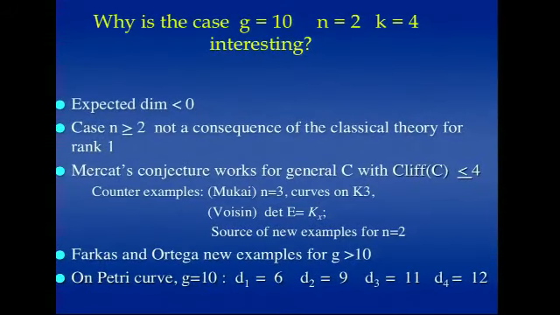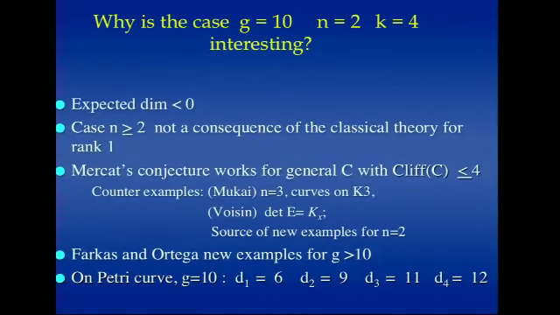So now what I want to do is go back to what we started with and look at the rank 2 bundles with 4 sections. The interesting case is when genus equals 10. Why is this case interesting at all?